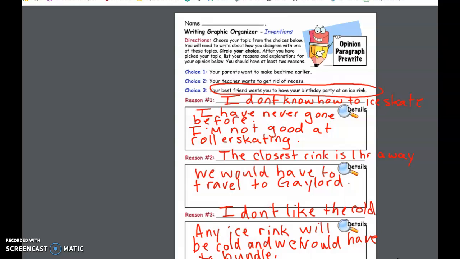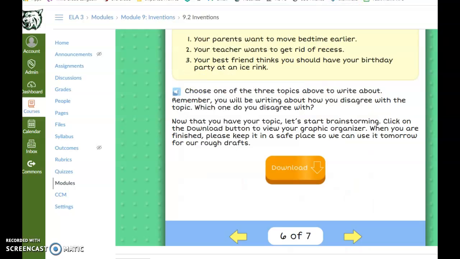Okay, so again, that's what you are going to do, but you might not pick that choice. I have a feeling most of you are probably going to pick choice 1 or 2 that you disagree with most, changing your bedtime earlier or me getting rid of your recess. So whatever you end up picking, you need to make sure that you have 3 reasons with some details explaining those reasons. Okay, continuing on.